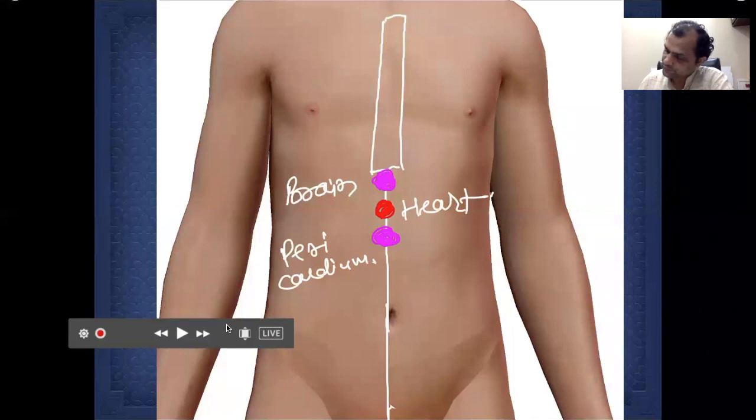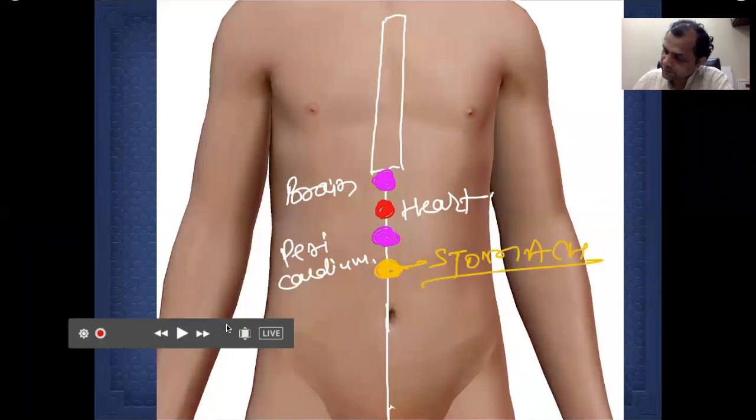Now this is the fourth point, which is called stomach. With that, we have the duodenum.